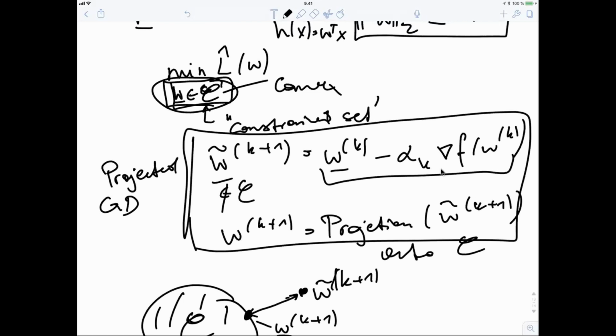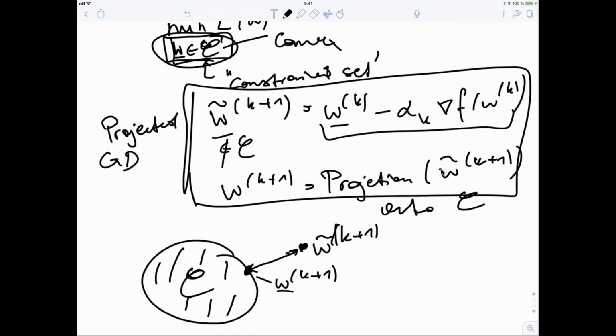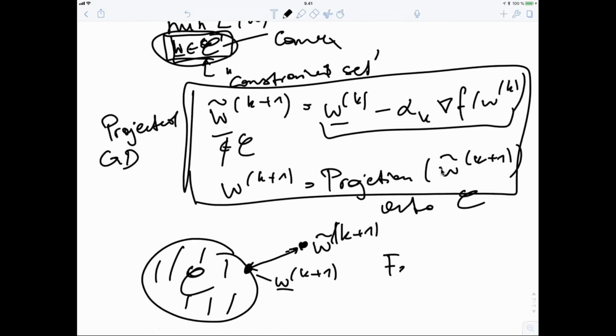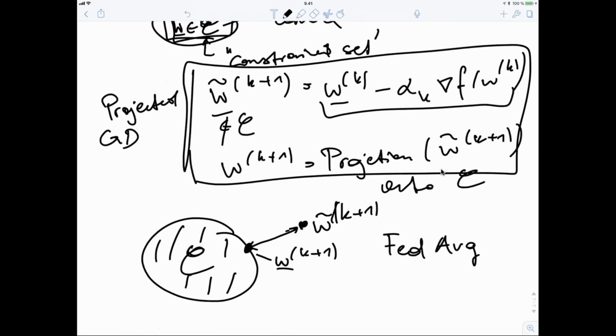We will see one application of this projected gradient descent in an algorithm called federated averaging, where we want to learn weight vectors for different local datasets that are all equal. So we want to train a single model, with one set of parameters, but in a distributed fashion. One way could be to locally update these model parameters and then require them to be identical.